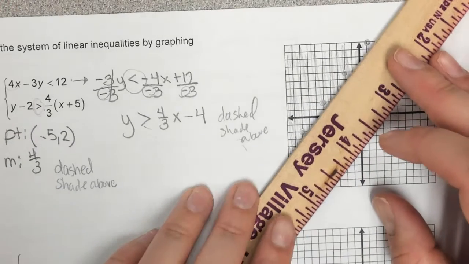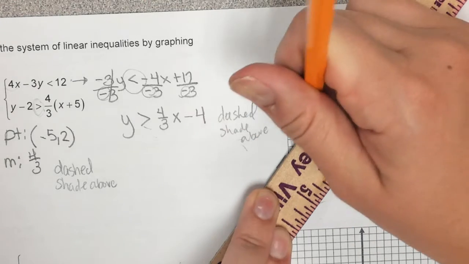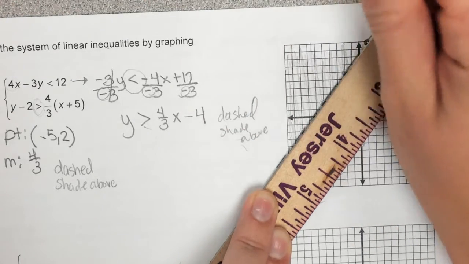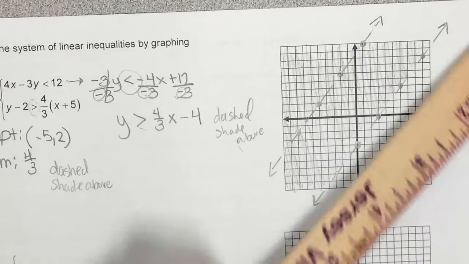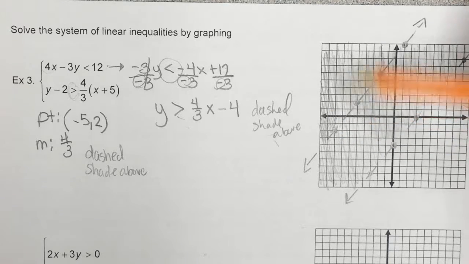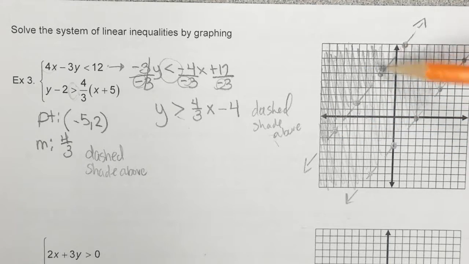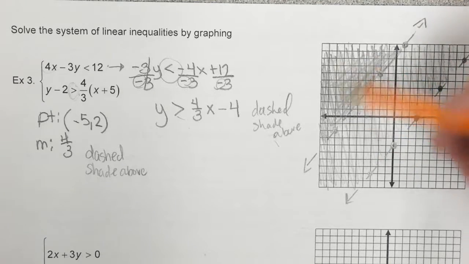Dash line. And shade above. So you can kind of tell where the regions are, where the region is that has both, right? It's this chunk right here.